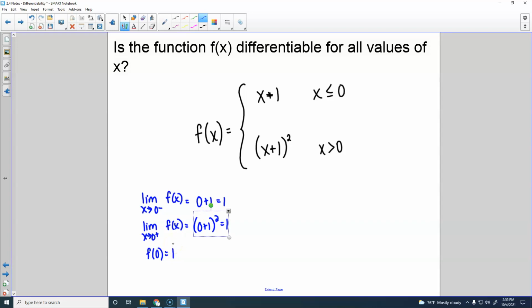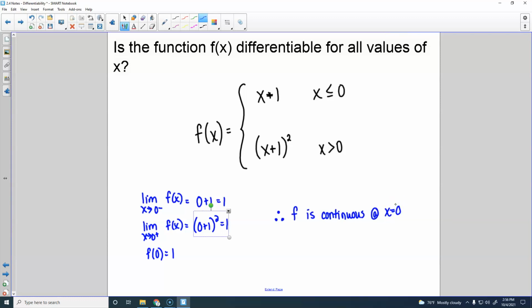For the limit to exist, it does not have to, but to be continuous, it does. Yeah, all three of these have to be equal to each other. So we could say, therefore, f is continuous at x equals 0.